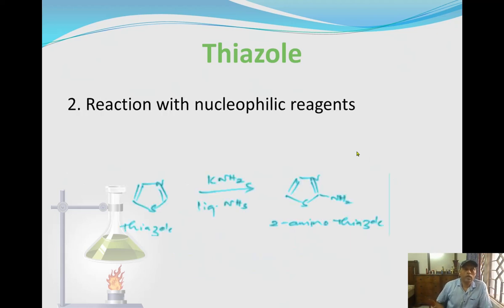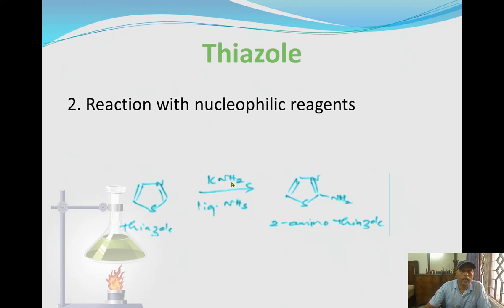Next is the reaction with nucleophilic reagents. Nucleophilic reagents are not going to attack easily on thiazole. Even this reaction is a little resistant. Here potassium amide is used in the presence of liquid ammonia.